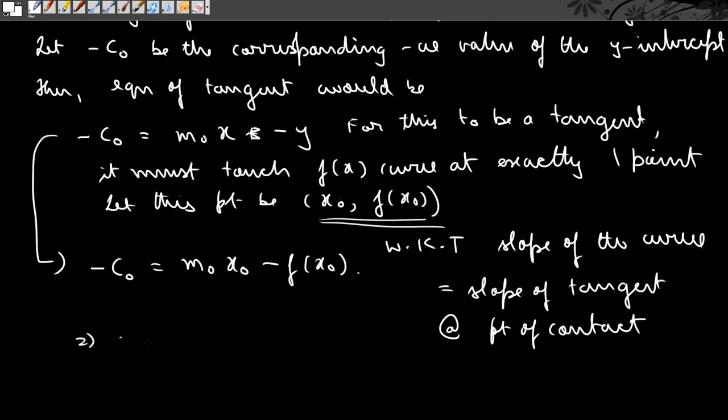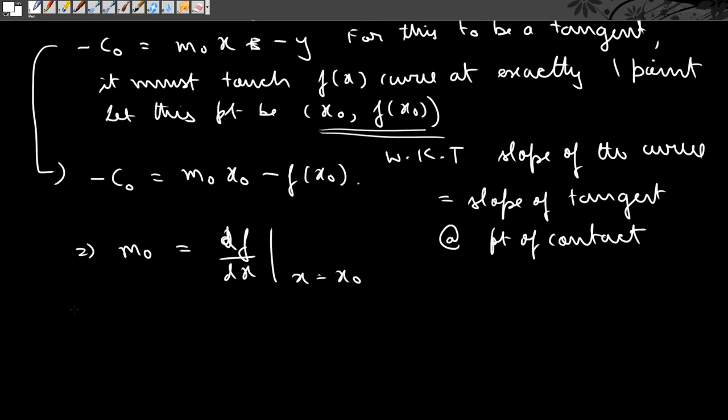This implies slope of the tangent will be equal to the slope of the curve at the point of contact. Okay, so all this taken together, we have the following: minus c naught equal to m naught x naught minus f of x naught, where m naught is given by the slope of the curve at the point x naught comma f of x naught.